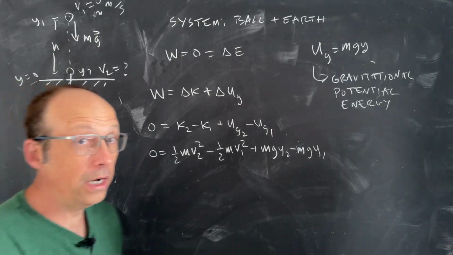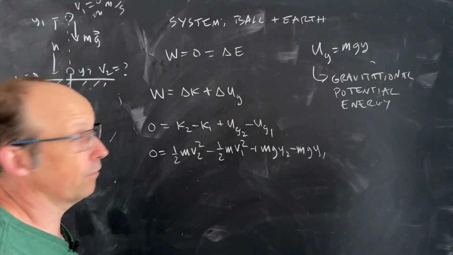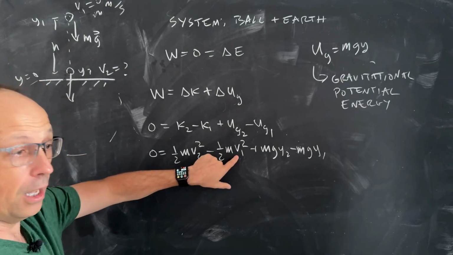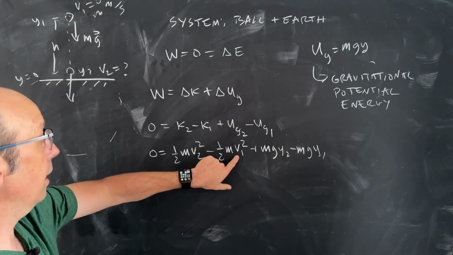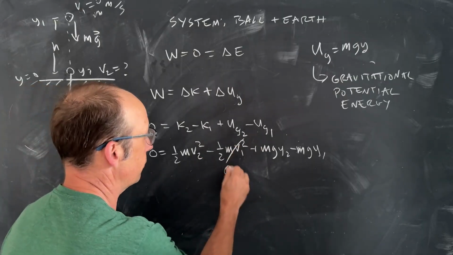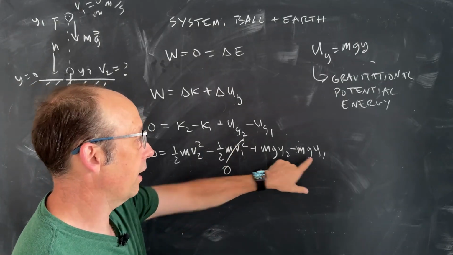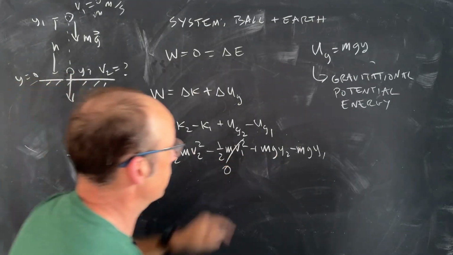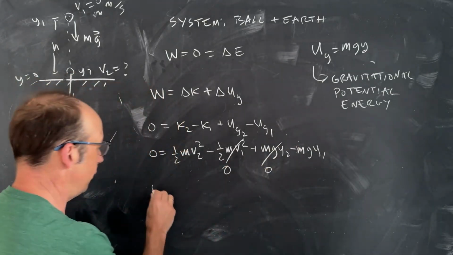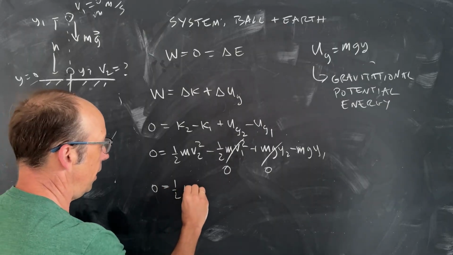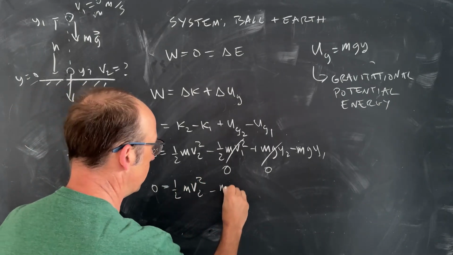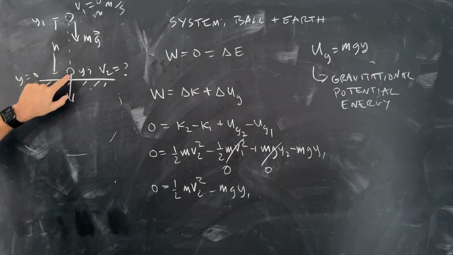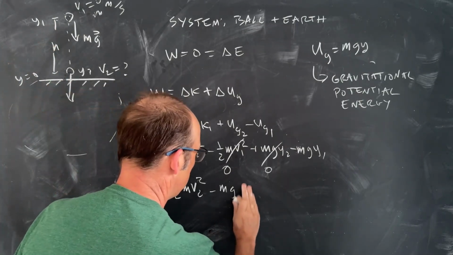Now, in this equation, there are two terms that are 0 that I can just drop out. The first is this one, because the initial velocity is 0, so this term is going to be 0. And since I ended up at y equals 0, I said y is 0 down here, that's going to be 0. So now I have 0 equals 1/2 mv2 squared minus mgy1. y1 is actually h.